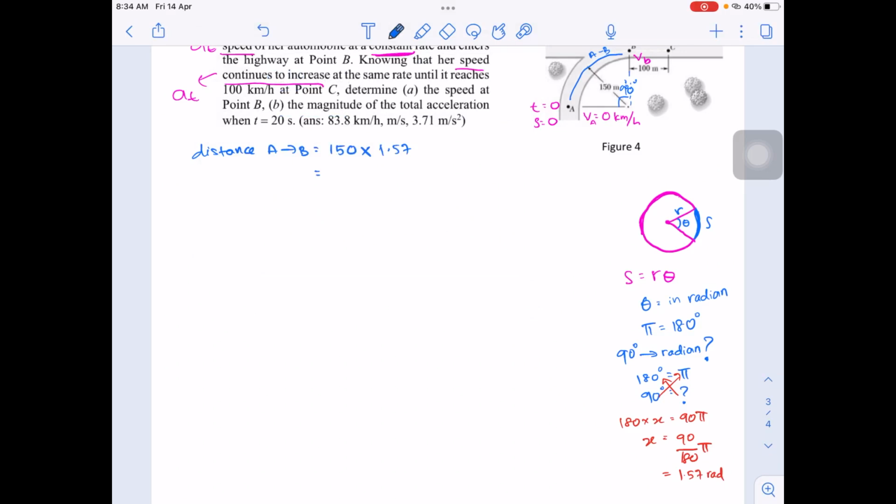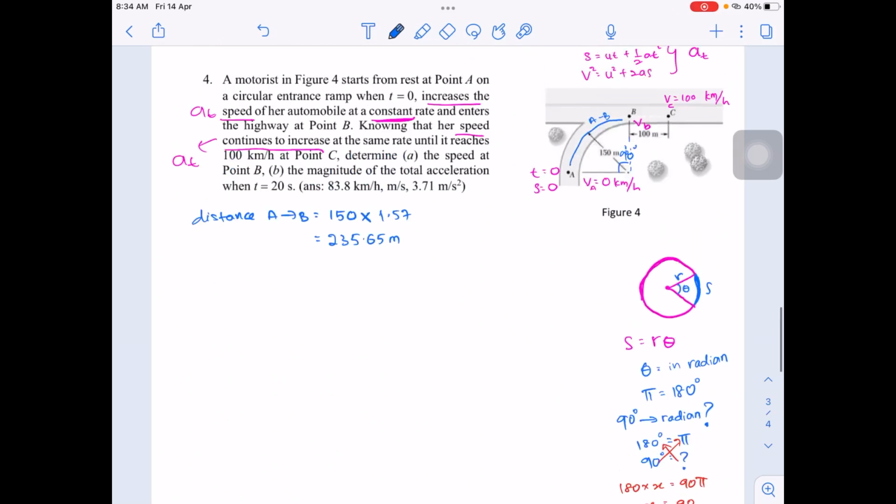So distance from A to B is basically 235.65 meter. So what is the velocity? You use the equation V squared is equals to U squared plus 2AS.